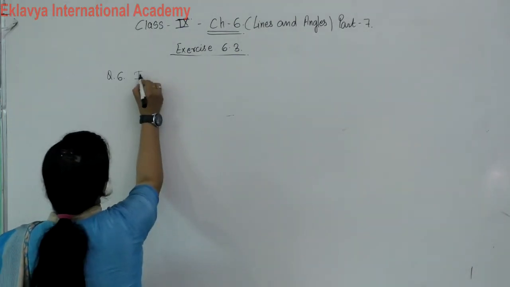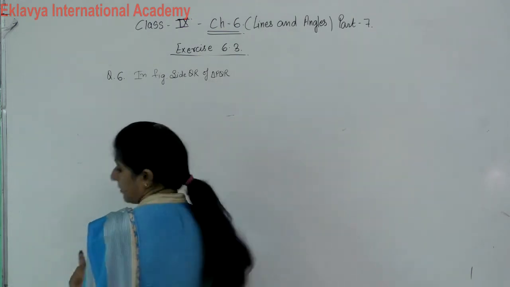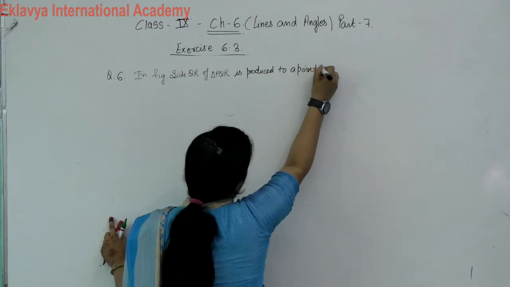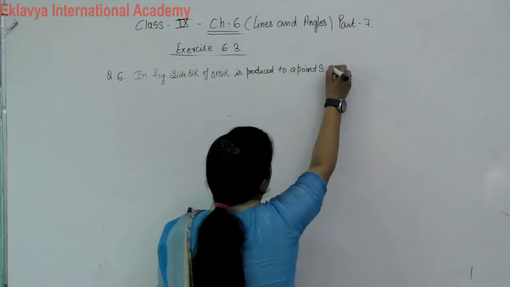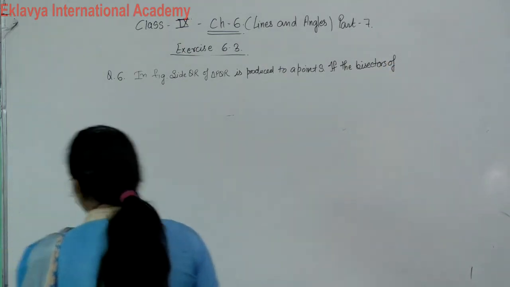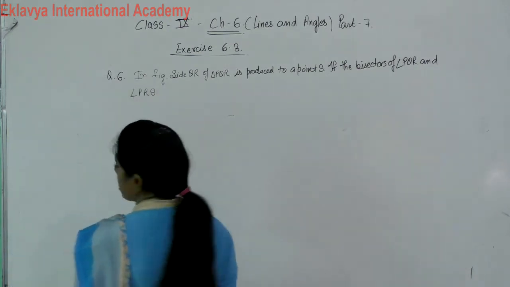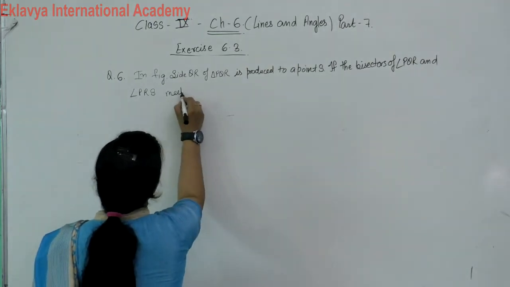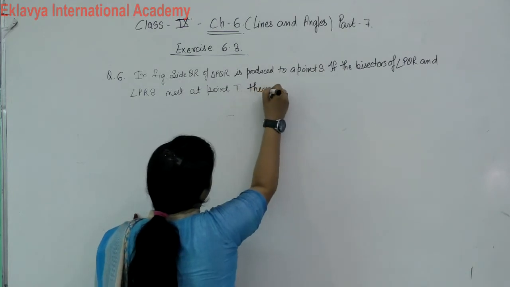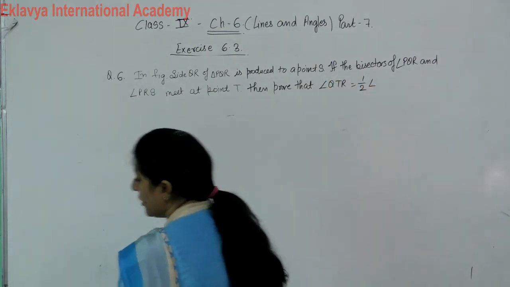In the figure, side QR of triangle PQR is produced to a point S. If the bisectors of angle PQR and angle PRS meet at point T, then prove that angle QTR is equal to half of the angle QPR.